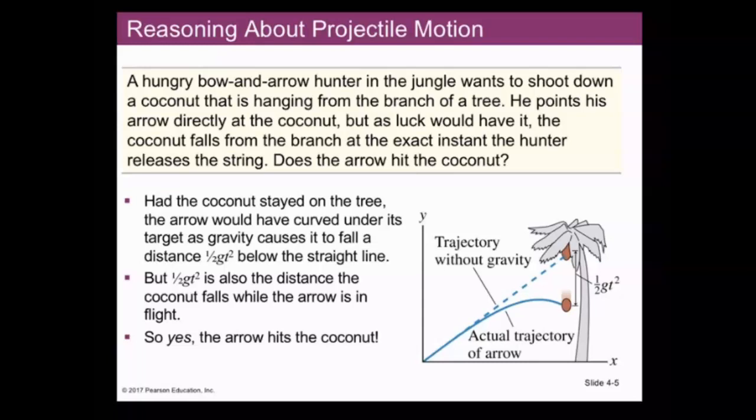That is, the y position of the coconut is equal to v sub 0 y t minus 1/2 gt squared. But it's starting its fall from rest, so its initial velocity is 0. So its y position changes as 1/2 gt squared.